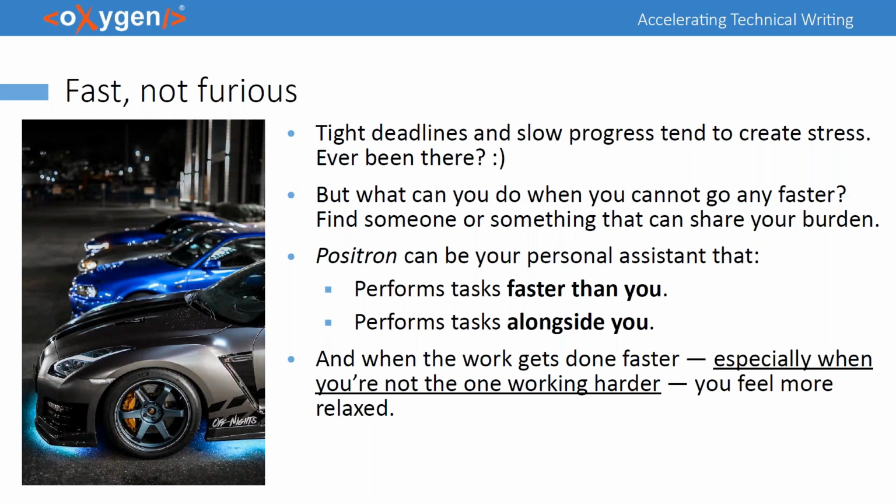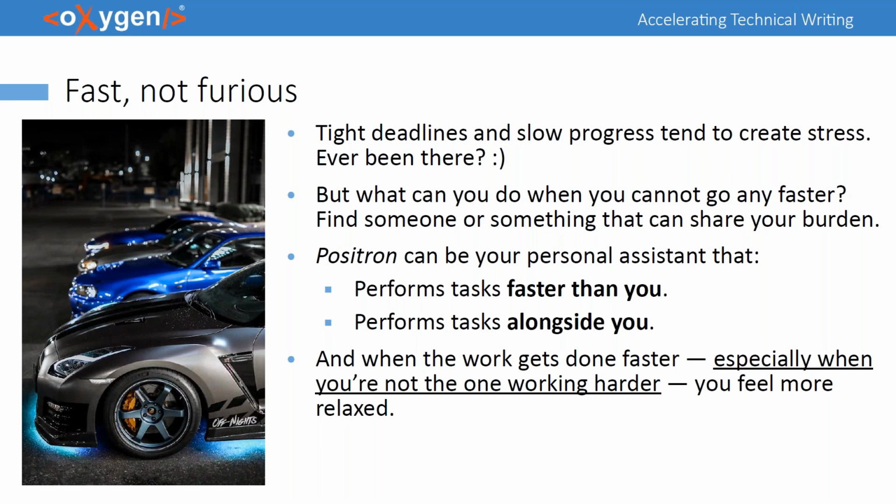And the answer may be: find someone, or in our case today, something that can share your burden, that can help you bear your burdens. And perhaps our AI Positron Assistant can be the helper you are looking for, which is able to perform tasks faster than you, sometimes way, way faster than you and me. And it can also perform tasks alongside you.